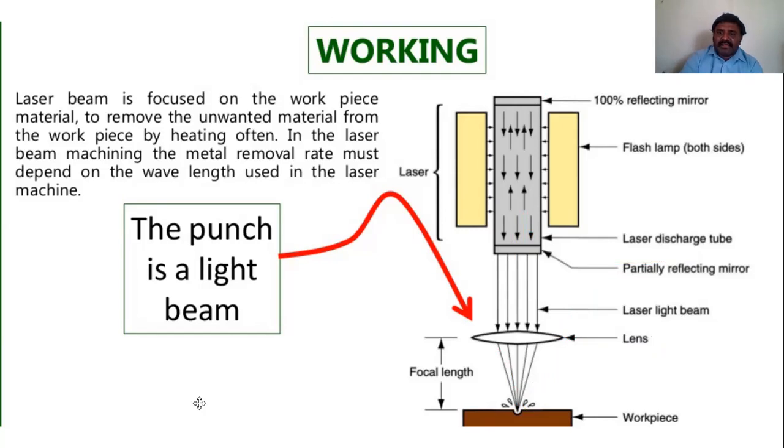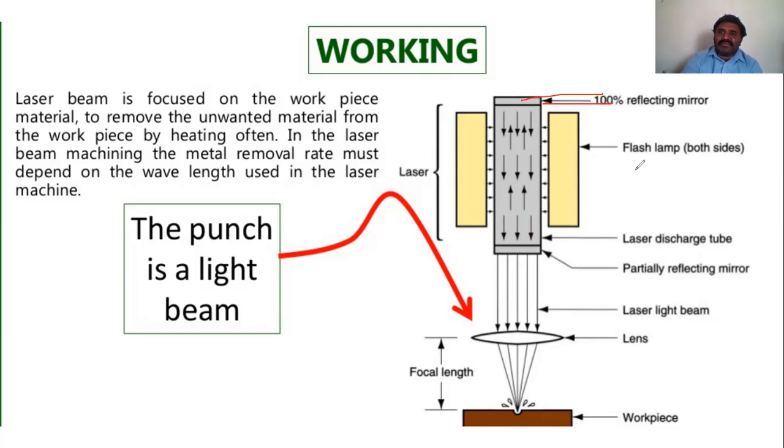Here the power supply is at this end, and we get the laser beam of radiation through the ruby crystal. We can also go with solid state, and gaseous state as well. There is a 100% reflecting mirror so that the light does not move upward once again.